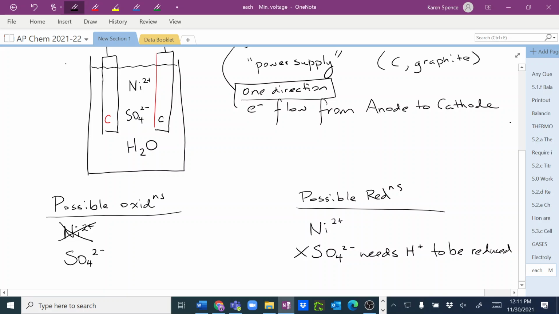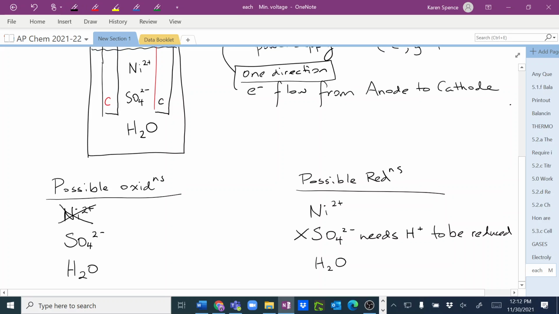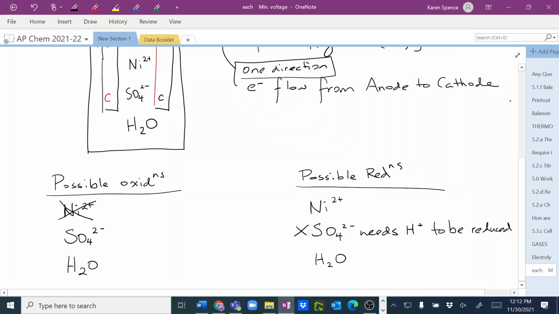Okay. And water. Water is always capable of being oxidized. It's always capable of being reduced. Did you guys get that from the videos? Yeah? Okay, so water is always an option. And since our electrodes are inert, we don't have to worry about them undergoing oxidation.